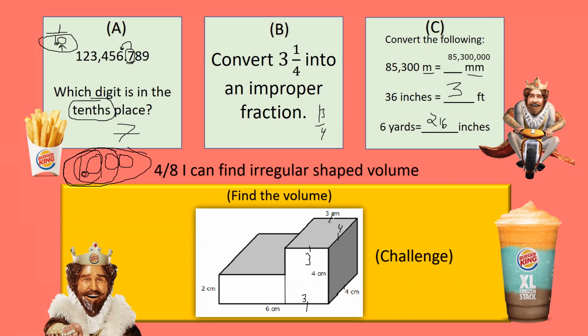Well, the area of this base right here is 4 by 3, so it's 12. Now 12 goes up and down 4 centimeters. So 12 times 4 is 48, right? 12 is the base, and 12 has a height up and down of 4, so 48. So the first area, or the first volume, is 48.